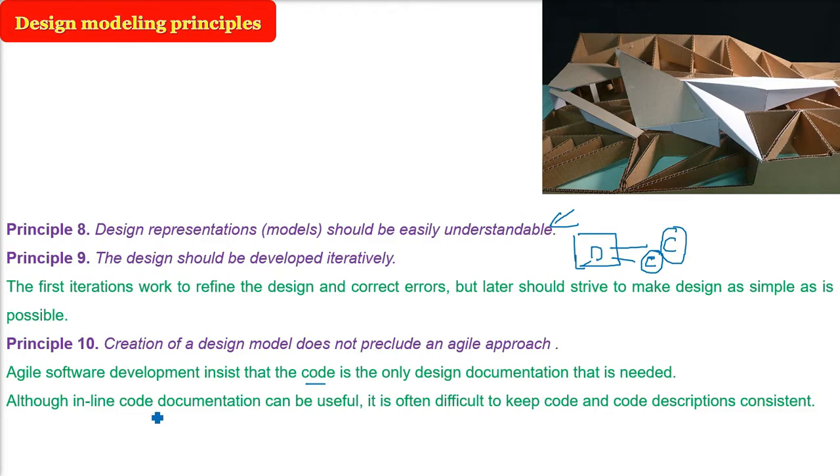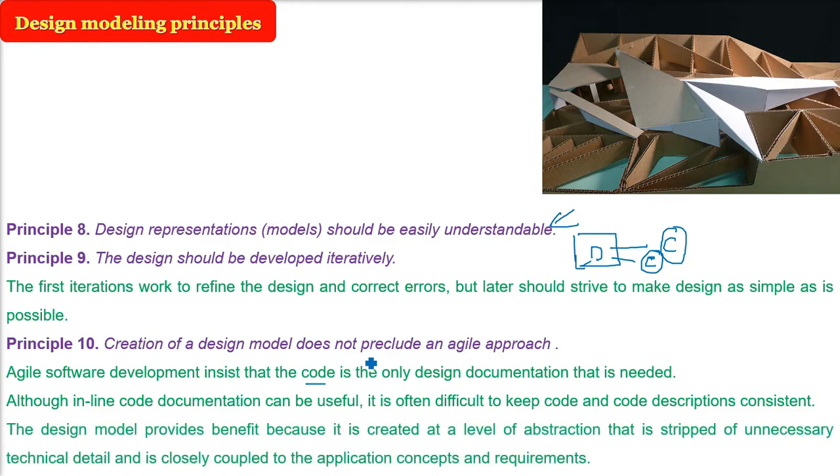But you need to keep the code and the code description consistent. The design model actually provides benefit or help. Why? Because when you are making design, you might have taken off certain arbitrary or duplicate things. So you have stripped off the unnecessary technical detail. That is why the design model is a benefit.